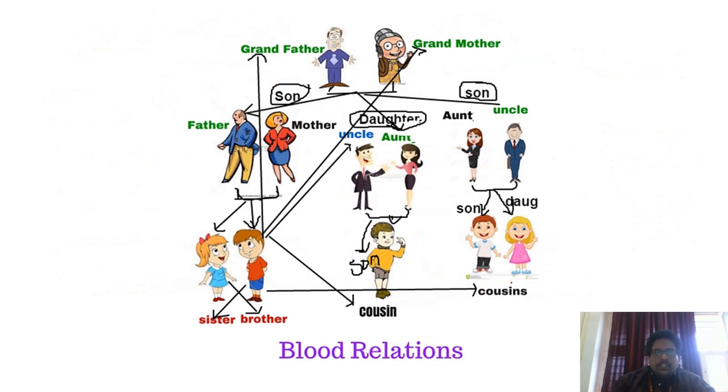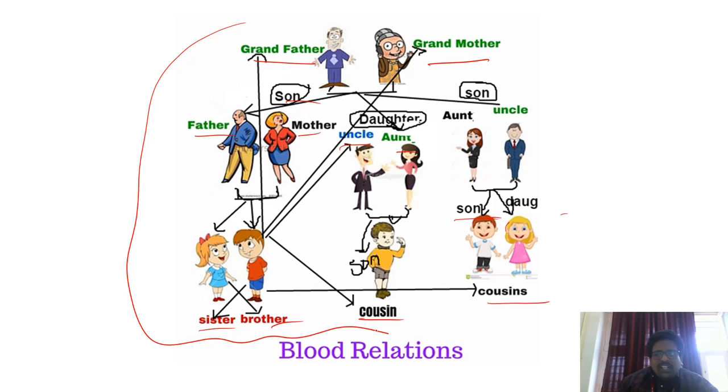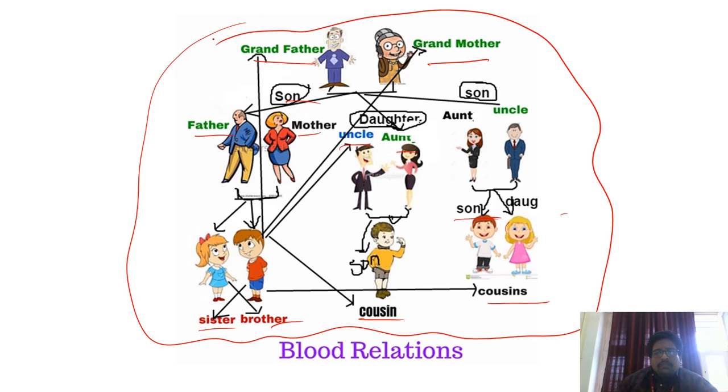Very good. Now, seeing this diagram, I can say it's a very happy family. But if you observe closely, we have all the relations that we see in our family: grandfather, grandmother, father, mother, son, sister, brother, cousin, daughter, uncle, aunt. But if you try to analyze it, it all looks very clumsy, everything linked to each other.